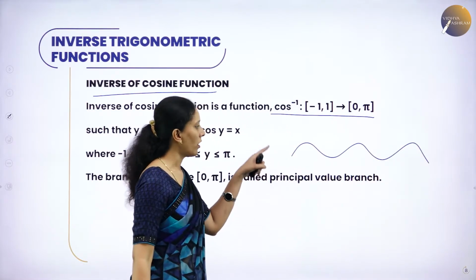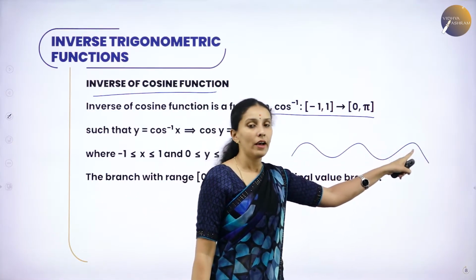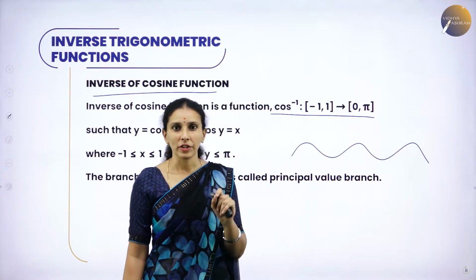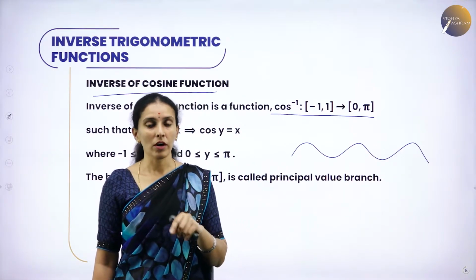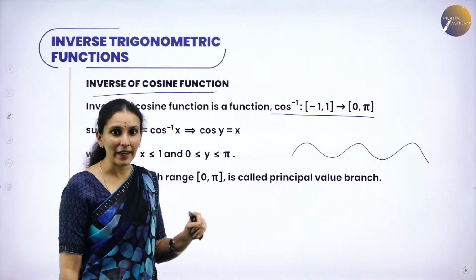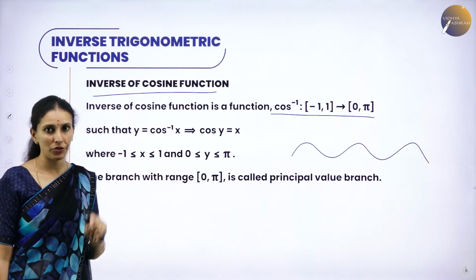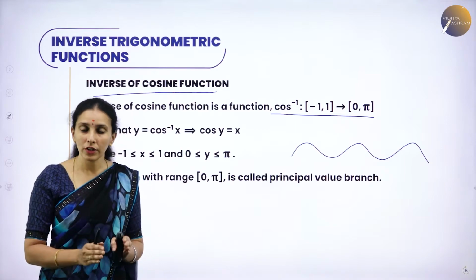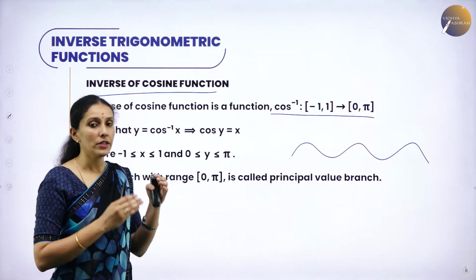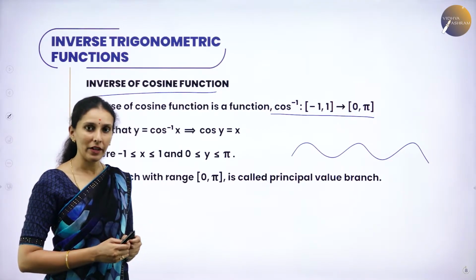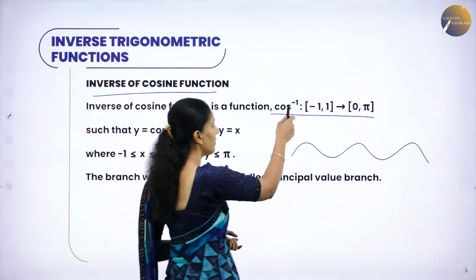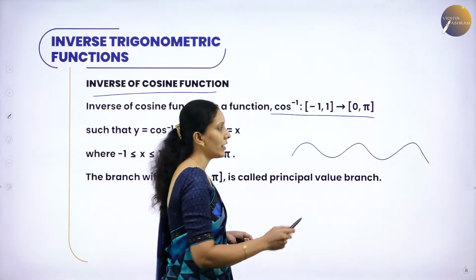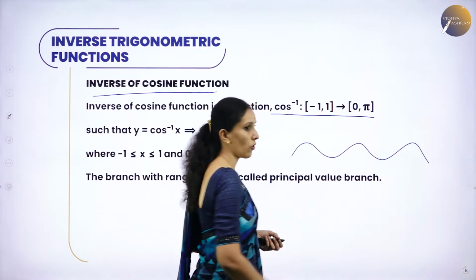That means for many of the values, the cosine function is neither one-one nor onto, because we have a repeated interval of values for the cos function also. Hence, we restrict the domain of the cos function also so that it will become an invertible function. Thus, we define the inverse of the cosine function from the interval minus 1, 1 to 0, pi.